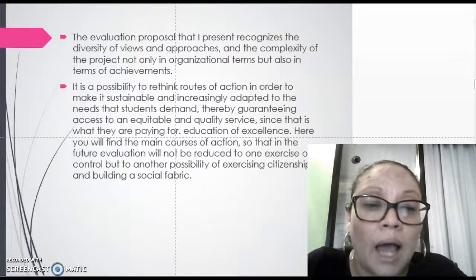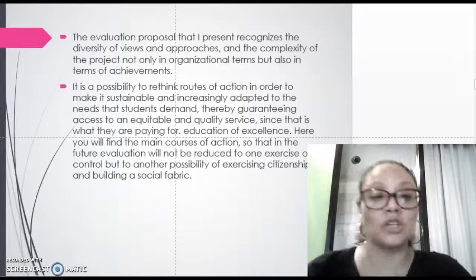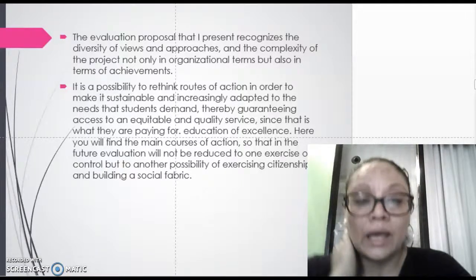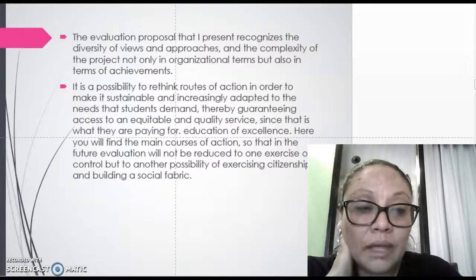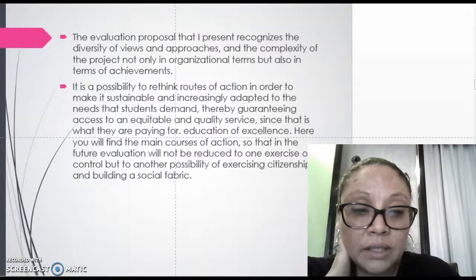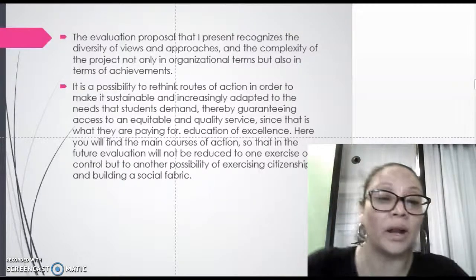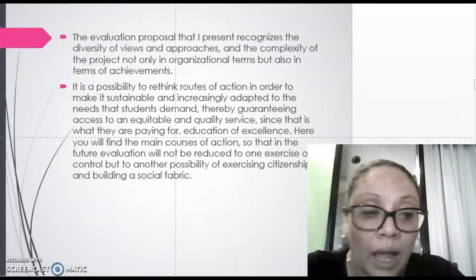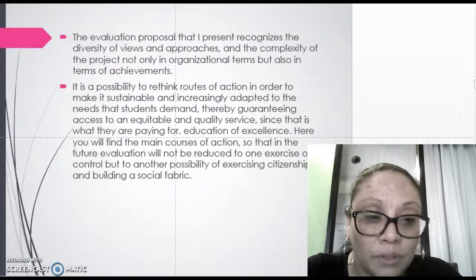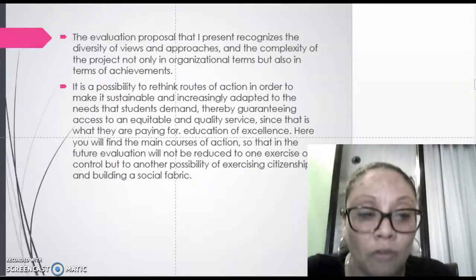It is a possibility to retain routes of action in order to make it sustainable and increasingly adapted to the needs that students demand, thereby guaranteeing access to an equitable and quality service, since that is what they are paying for.